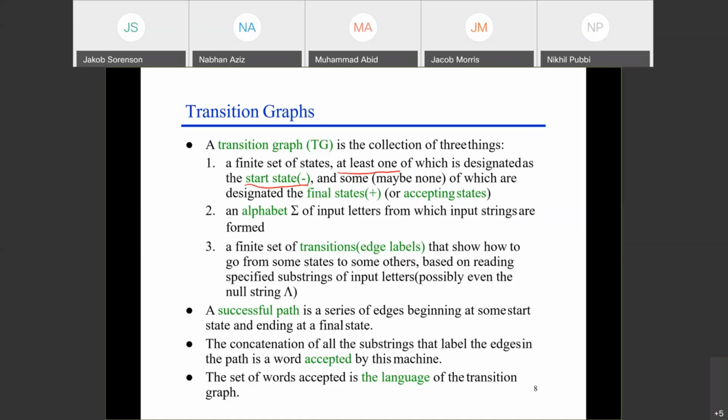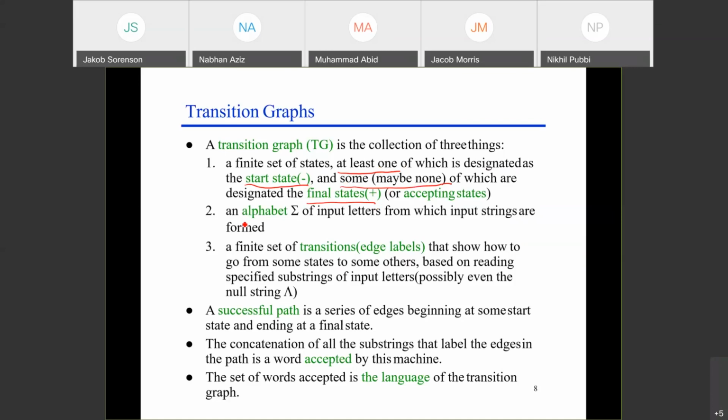And some, maybe none, of which are designated as the final states. This is the same criteria that FA has. FA also says maybe you have no final state, maybe you have one final state, maybe you have more than one final state. It is the same thing. An alphabet, summation, of input letters from which input strings are formed.